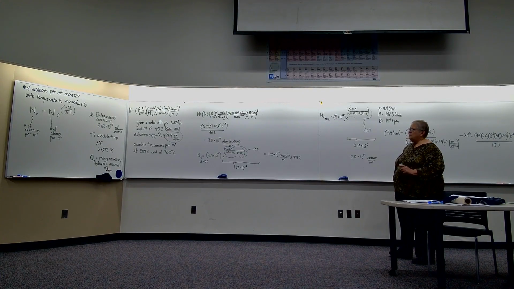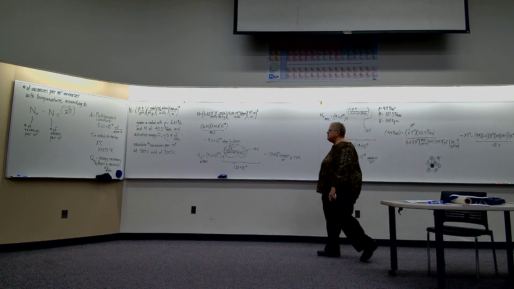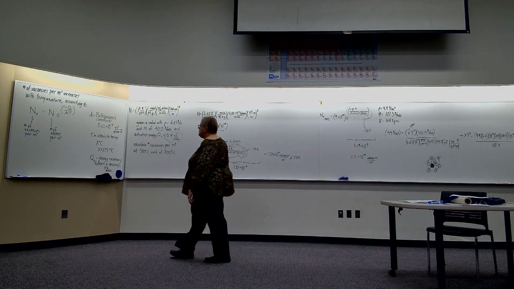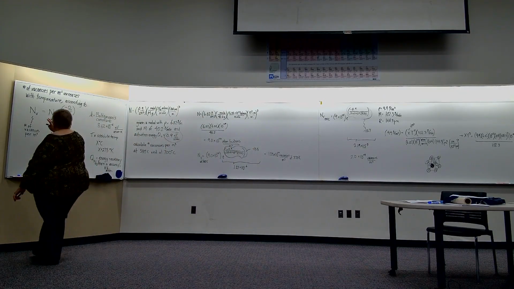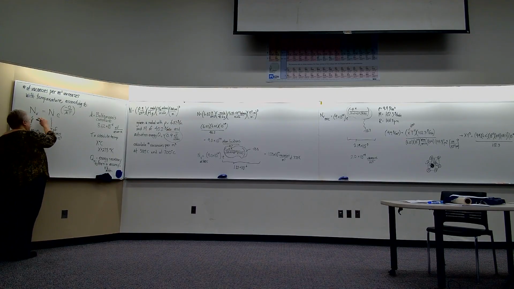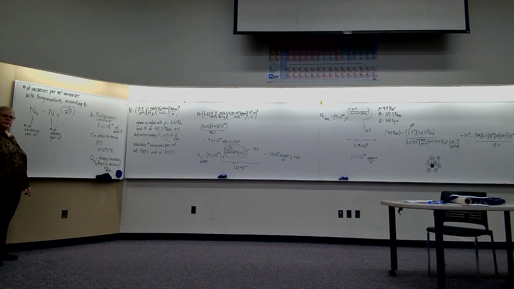Now, another version of this problem is I could give you the number of vacancies. I could give you everything you need to calculate the number of atom locations. I could give you temperature, K is constant, and ask you to calculate Q sub V. If that happens, this form of the equation really makes it complicated. You almost have to iterate.